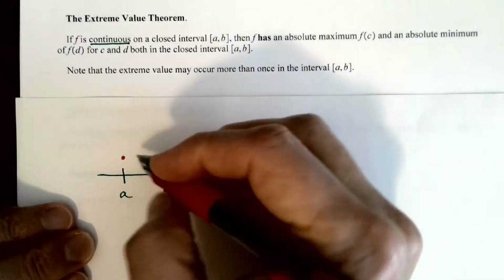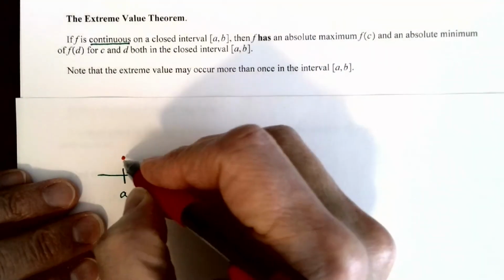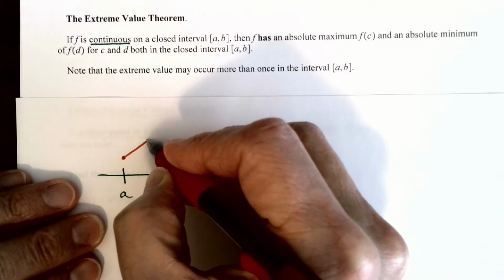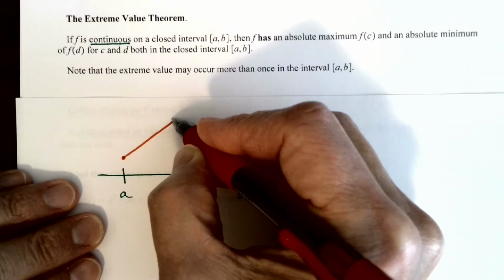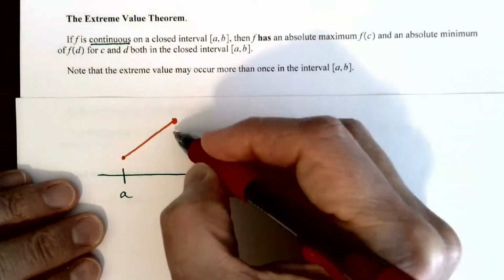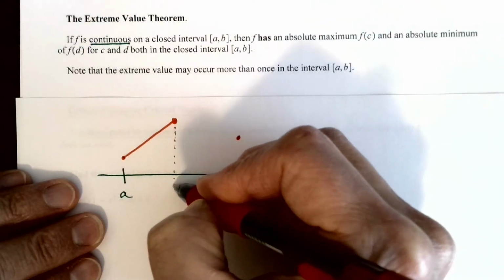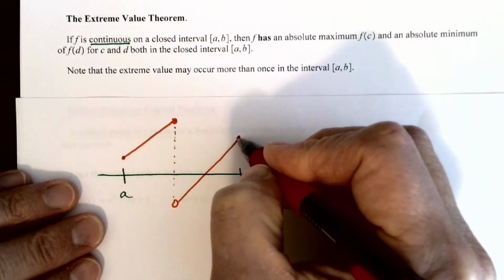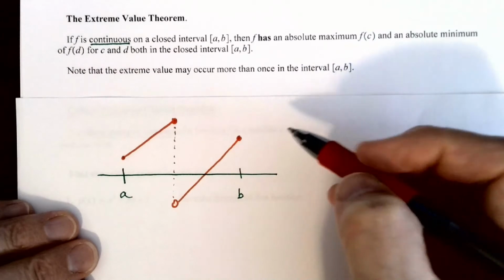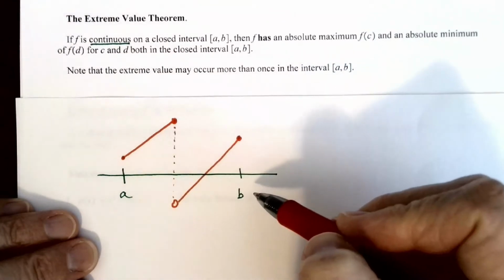An obvious example could be that I draw a function maybe like this. I come up to this point, and then I drop down. Obviously this function is not continuous on the interval from a to b.